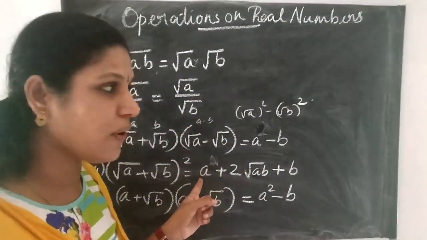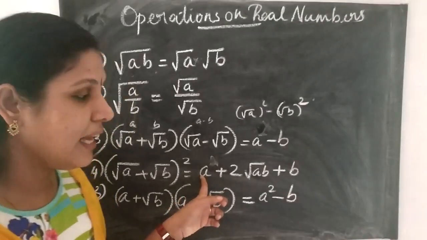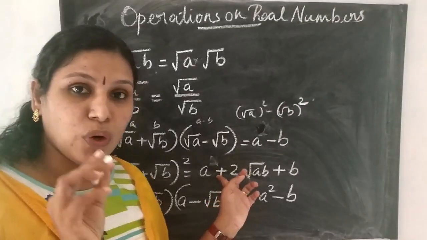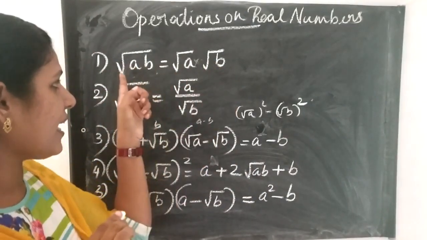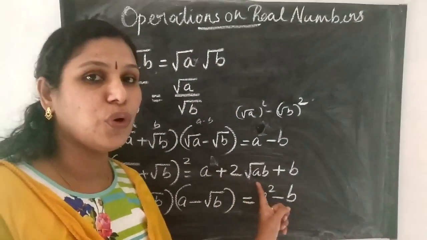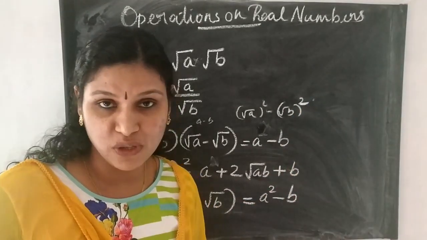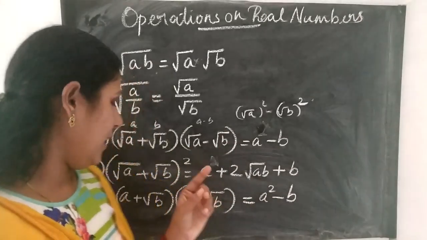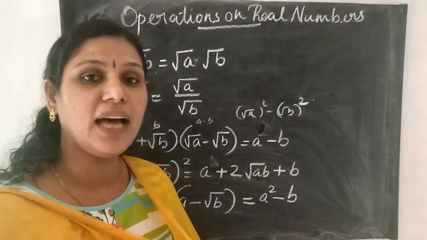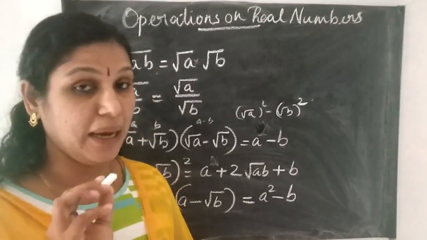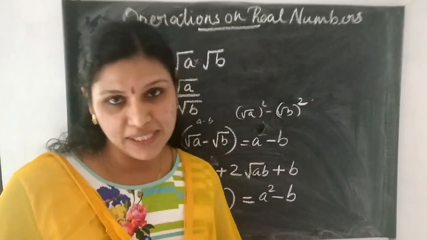But root A square is A, so we write A. Now plus 2 root A into root B. Root A into root B we can write as root AB. So 2 root AB plus root B square, which is B. Then root A plus root B into root A minus root B. This is also the identity A plus B into A minus B, which is A square minus B square.